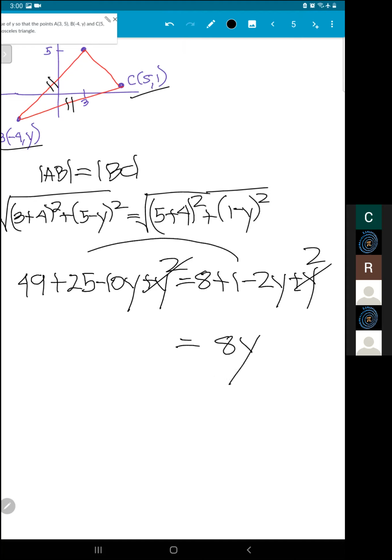And then this one here. 81 plus 1 is 82. 49 plus 25 is 74. I think it's negative 8. So y equals negative 1.